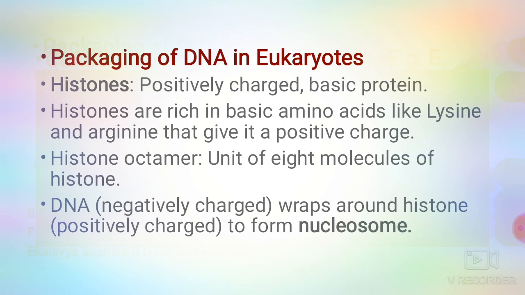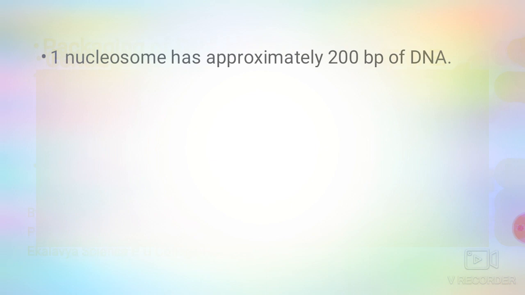Next, DNA wraps around histone to form a nucleosome. The negatively charged DNA wraps around the positively charged basic proteins, the histones, which helps in the formation of the nucleosome.